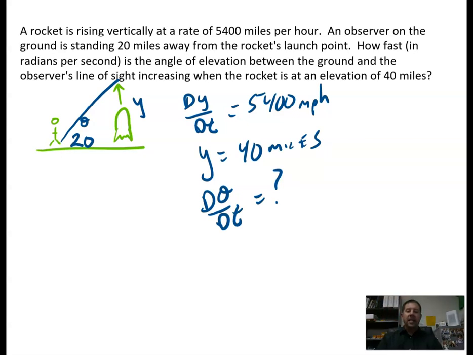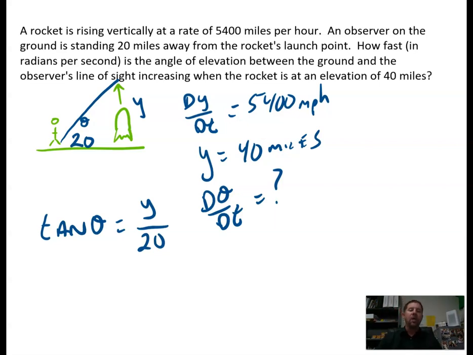Now, once you've got all this information down and understand what's happening, I need to write an equation that relates all this. I've got a right triangle with y, the 20, and theta. Maybe the relationship is tangent of theta equals opposite over adjacent, which might relate everything here.